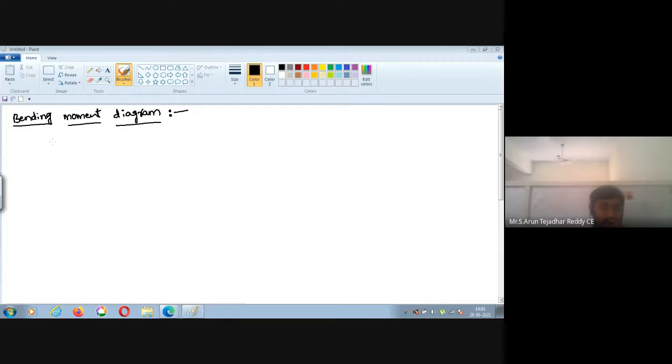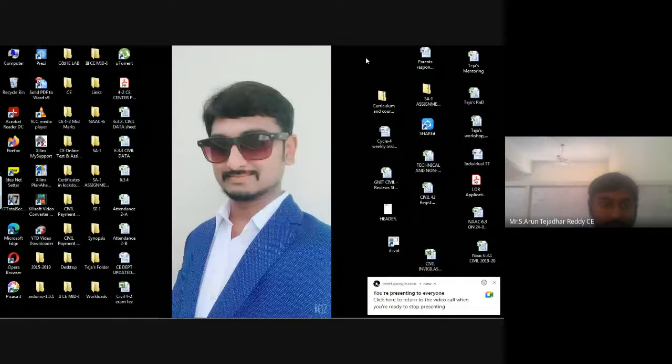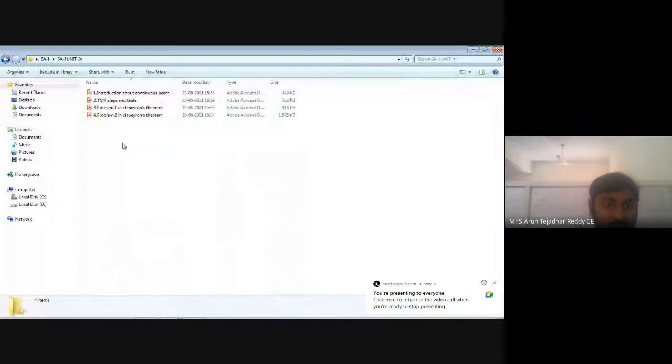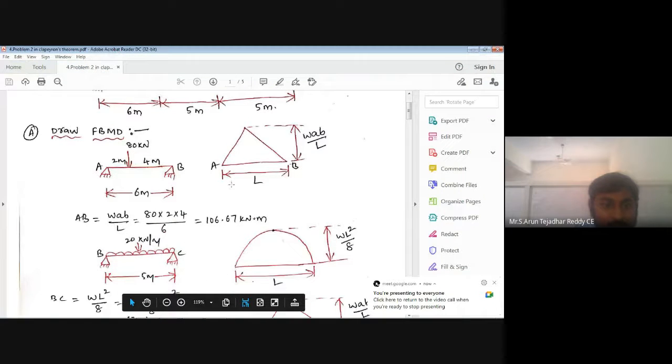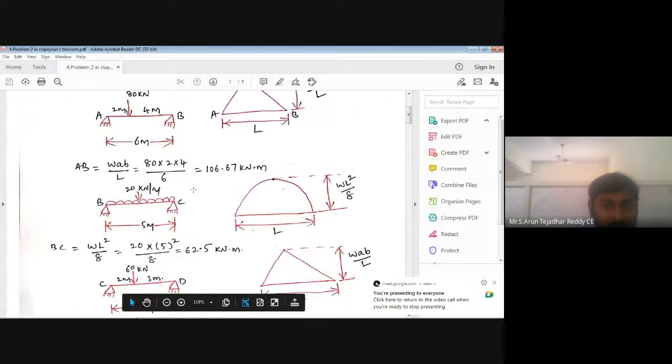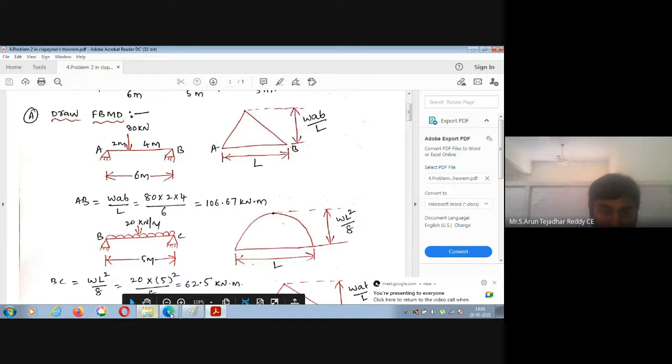So here, what about the maximum bending moment values? Once I will show you. So here the maximum bending moment value for the AB span is 106.67. Write down the values first here.